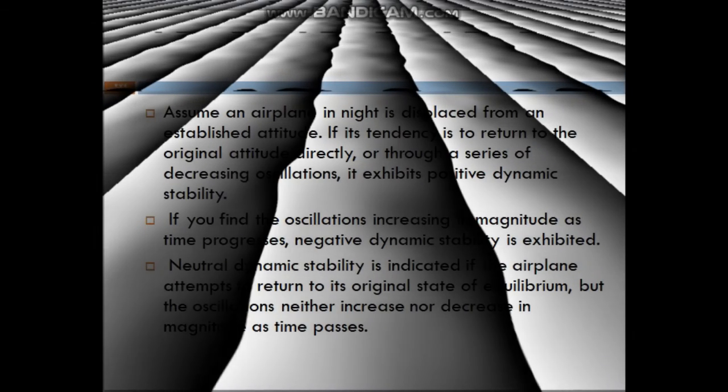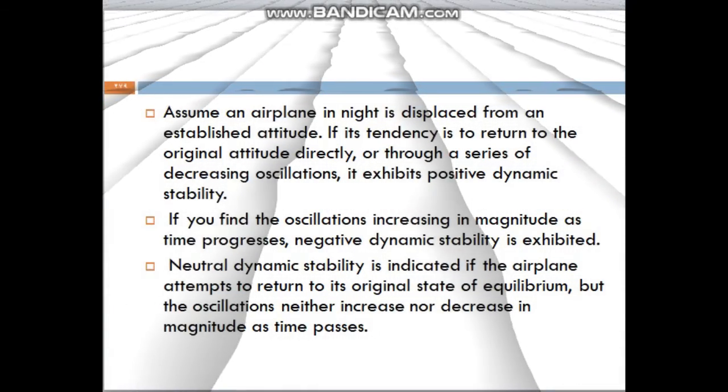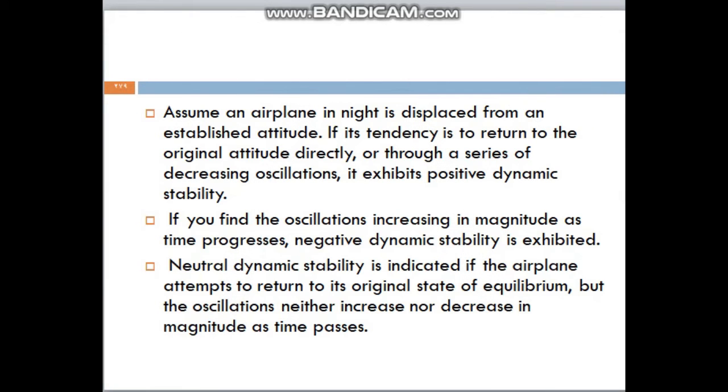Assume an airplane in flight is displaced from an established attitude. If its tendency is to return to the original attitude directly or through a series of decreasing oscillations, it exhibits positive dynamic stability. But if the oscillations increase in magnitude as time progresses, negative dynamic stability is exhibited.